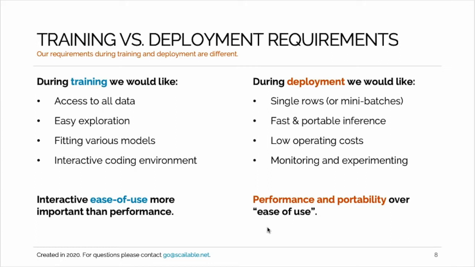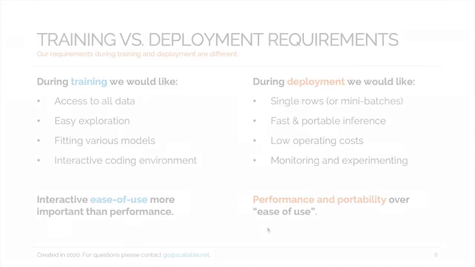Whereas in deployment, the situation is quite different. You're often facing just a single data point at a time that you need to do inferences for. You want those inferences to be fast. You want them to happen reliably and at scale in the environment that you're actually deploying in. So here you would have performance and portability over the ease of use that you would like to have in training.